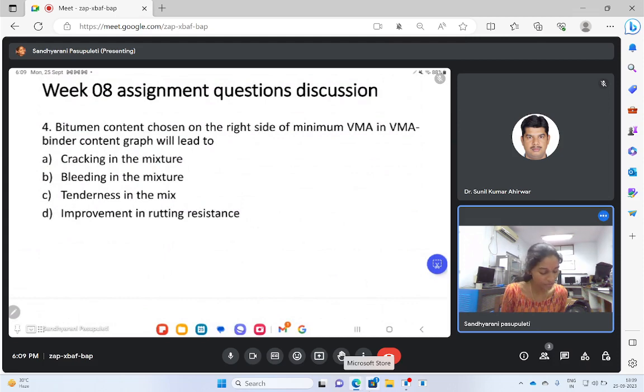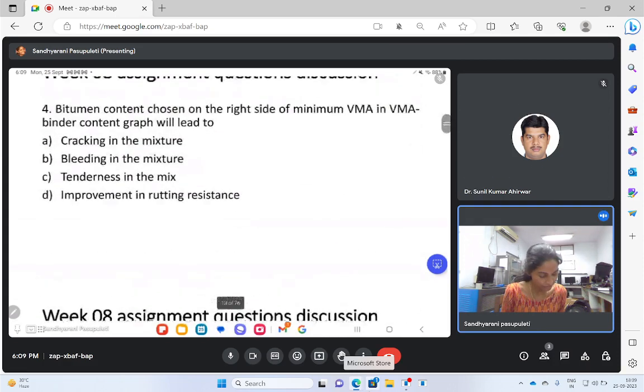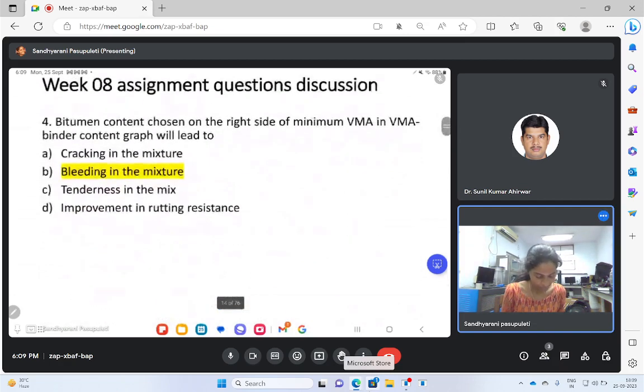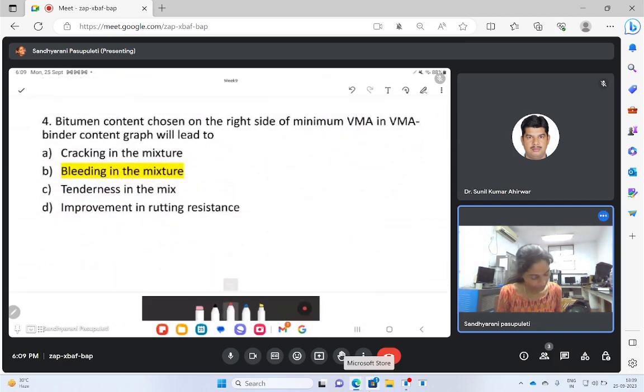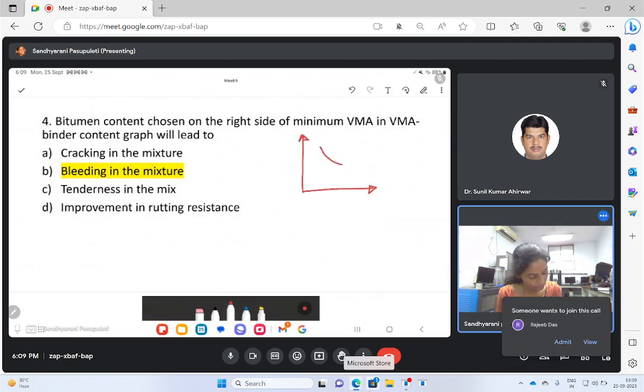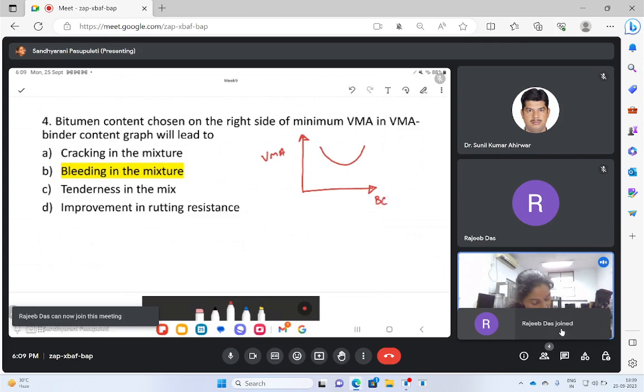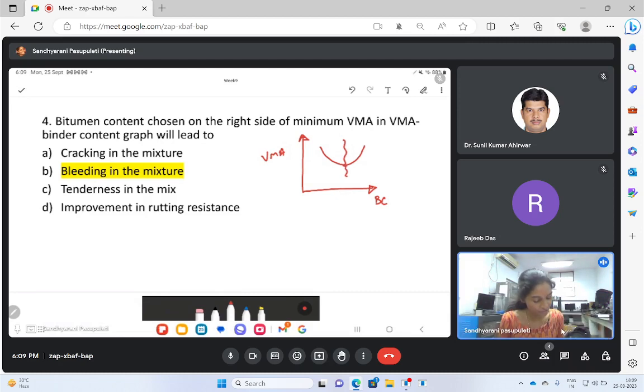Bitumen content chosen on the right side of the minimum VMA in the VMA versus binder content graph will lead to what? If you could recall that graph for VMA, it was always suggested that whenever our optimum bitumen content satisfies the specification of VMA minimum, we need to make sure that our OBC is not on the wet side.